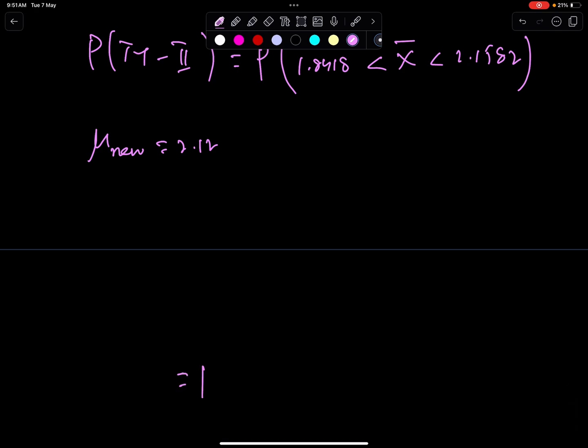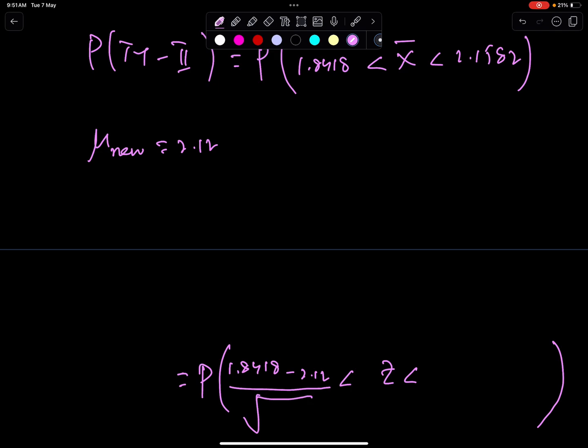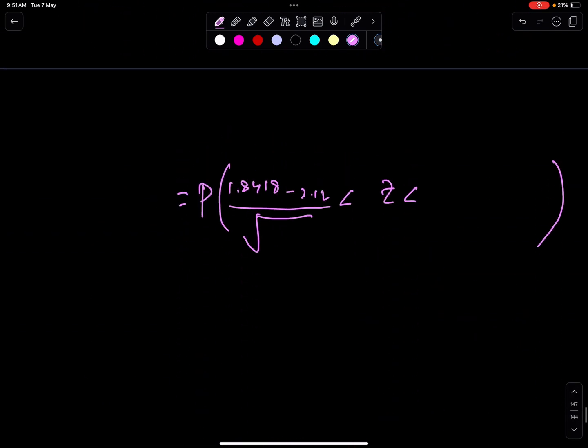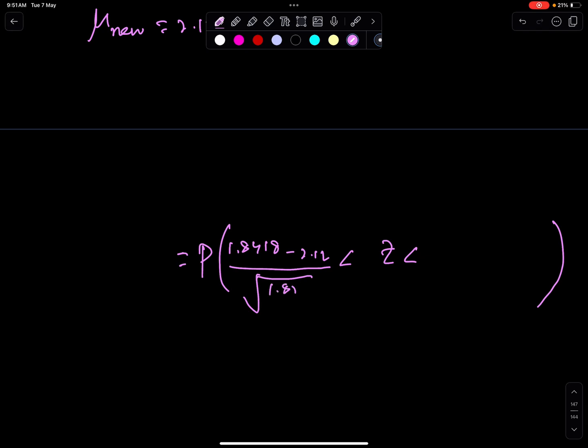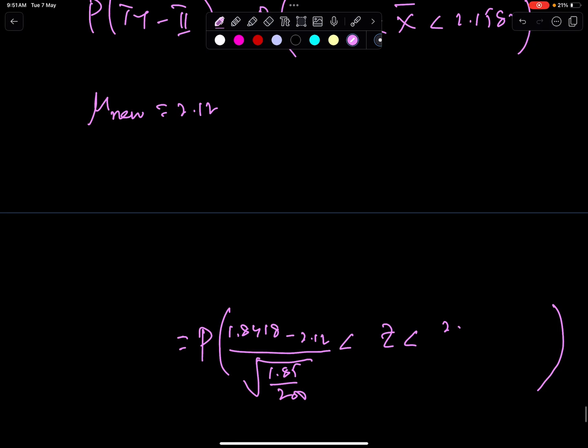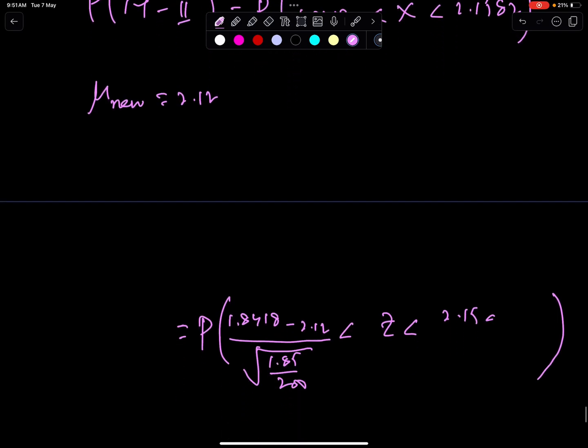So while converting X bar into Z, we have 1.8418 minus 2.12 over the square root of variance 1.85 over 200. And this should be 2.1582 minus 2.12 over the square root of 1.85 over 200.